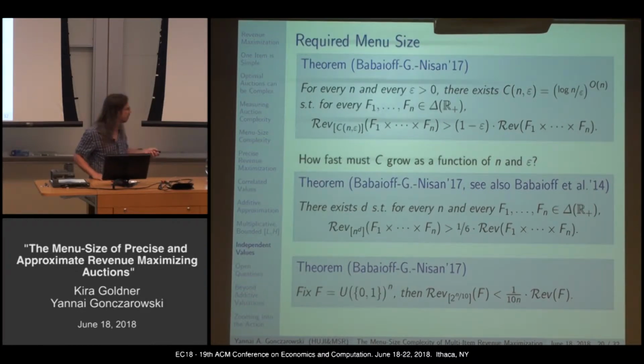Sorry about that. So let's restate that. This exponential menu size is going to lose at least 1 over 10n of the optimal revenue. So if you want to lose less than 1 over 10n of the optimal revenue, you need even larger exponential menu size.